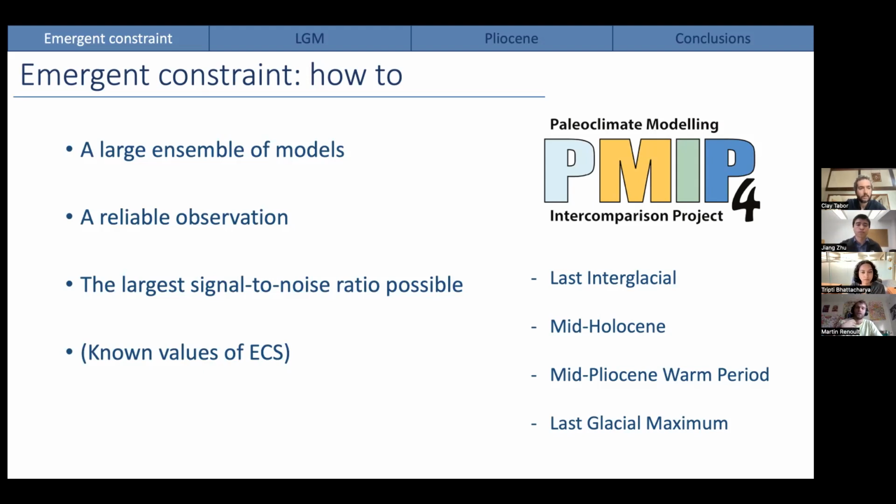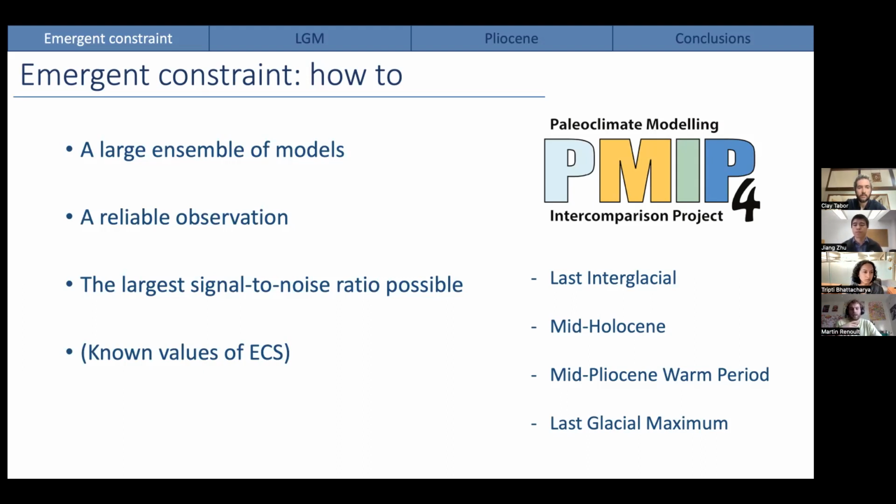Of course, you want an observation that is really reliable, which is a problem in geological data. Usually, the further you go, the more uncertain you will be about your geological reconstruction. Ideally, you also want the largest signal-to-noise ratio, which means that you would like to avoid paleoclimates that are not so different from pre-industrial temperatures.